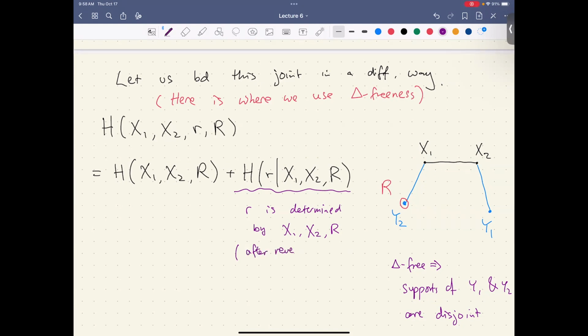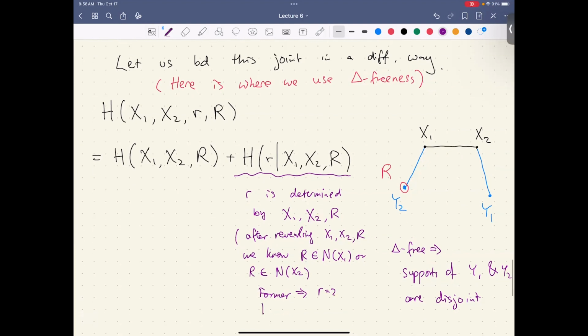Let me write down what I just said. After revealing X1, X2, R, we know R is in the neighborhood of X1 or R is in the neighborhood of X2. In the former case, you have little r equal to 2.